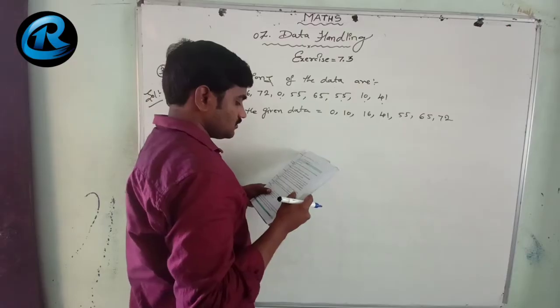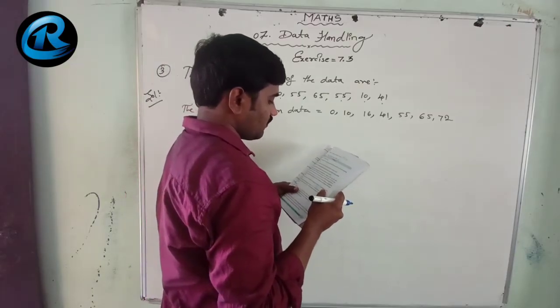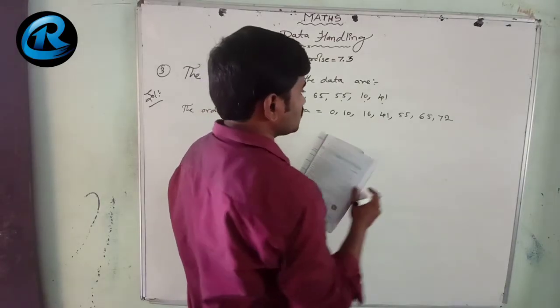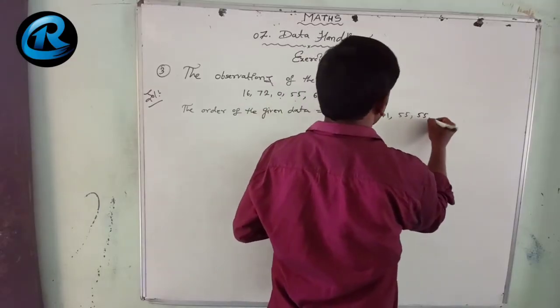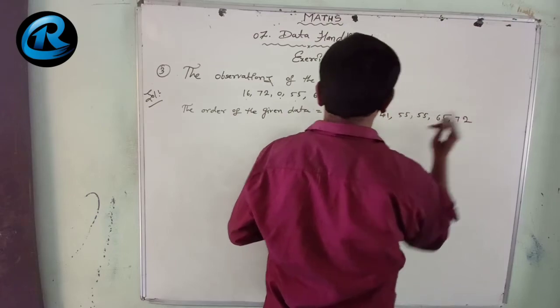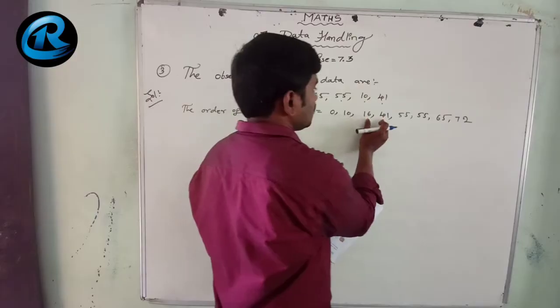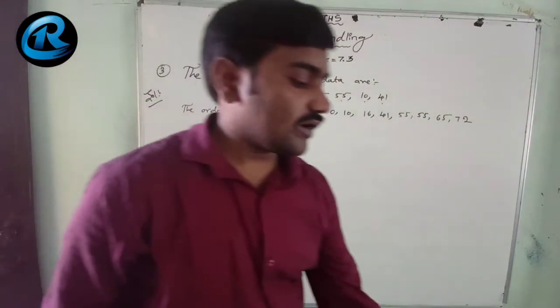So 0, 10, 16, 41, 55 and 55, 65, 72. 55 appears 2 times here. Counting: 1, 2, 3, 4, 5, 6, 7, 8 observations. So here we got the ordered data.